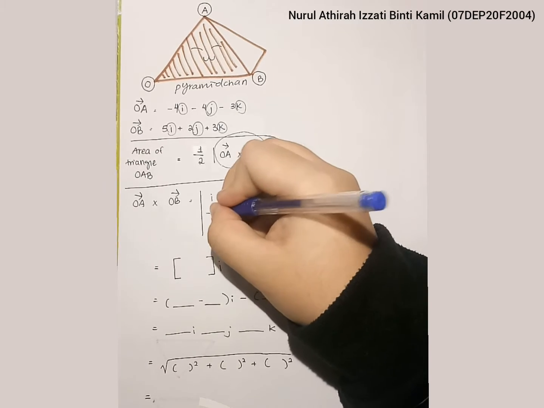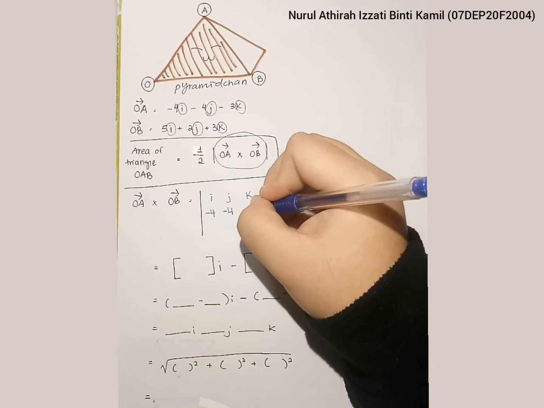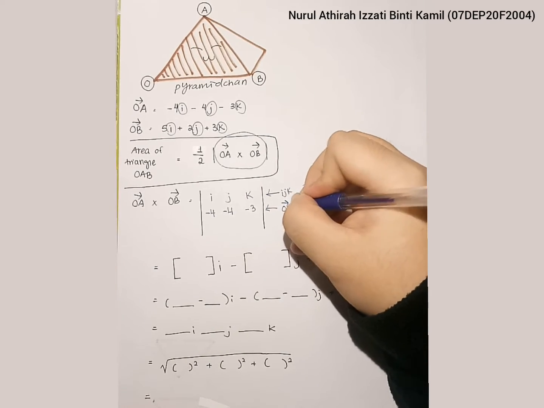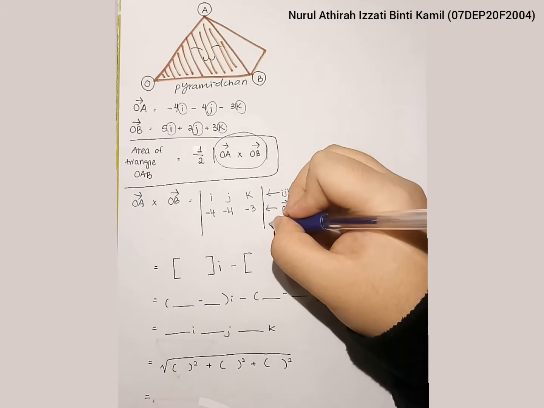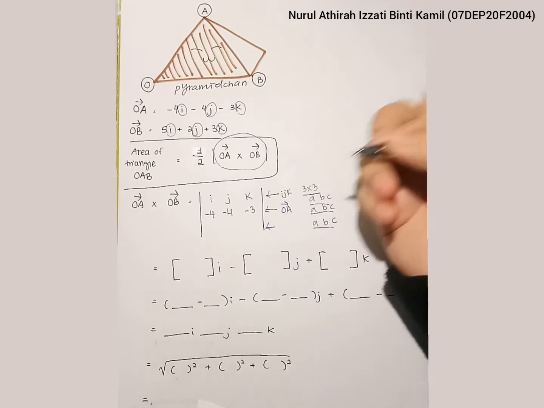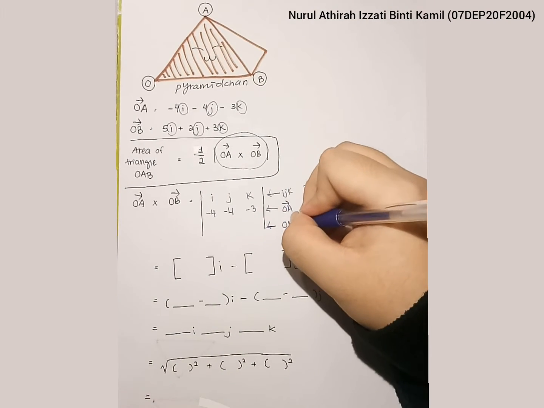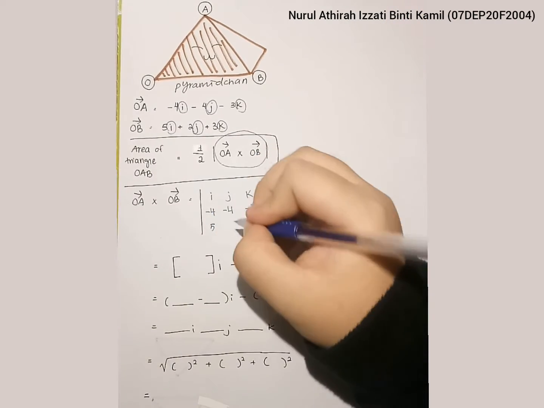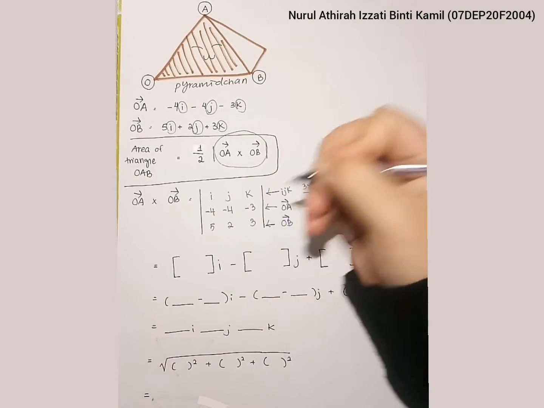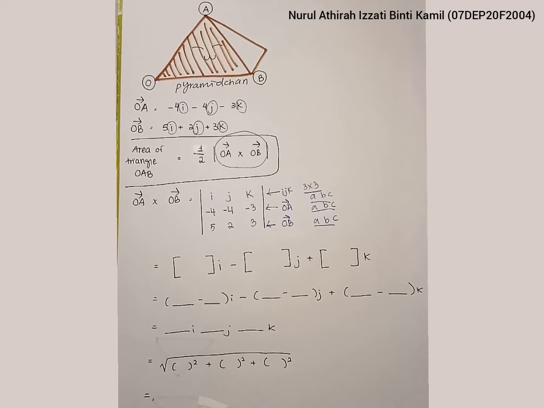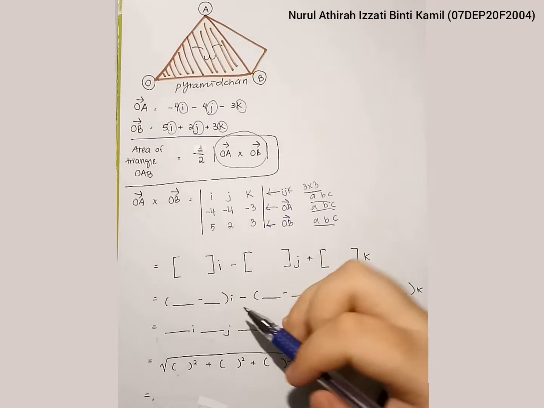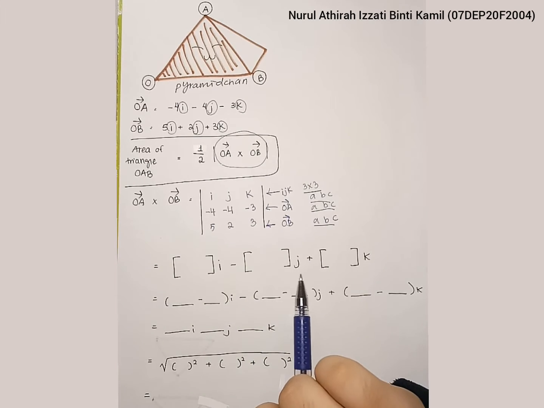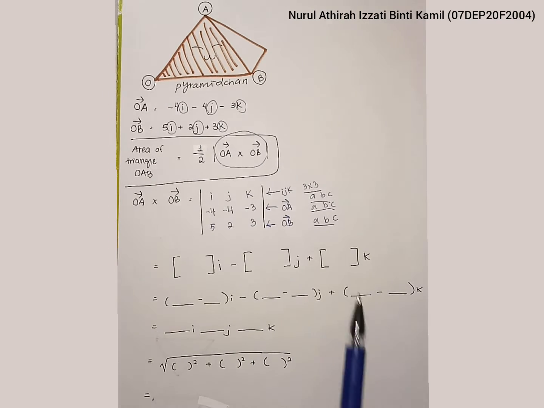So we put it here, -4, -4, -3 for vector OA, and same to this, the last row is for the vector OB, which is 5, 2, 3. After that, we will write it like this: bracket I minus bracket J plus bracket K.